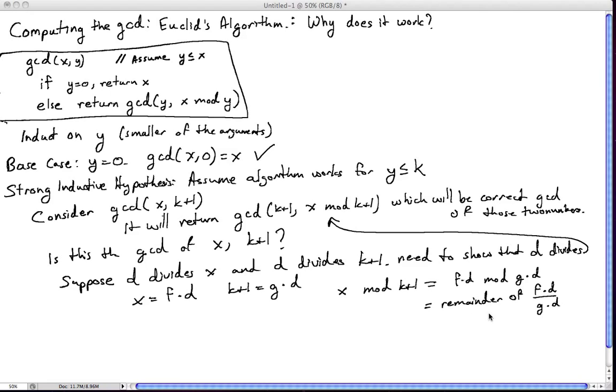So why is this true? Why does x mod k plus 1, which is the remainder of f times d divided by g times d, have to be a multiple of d?